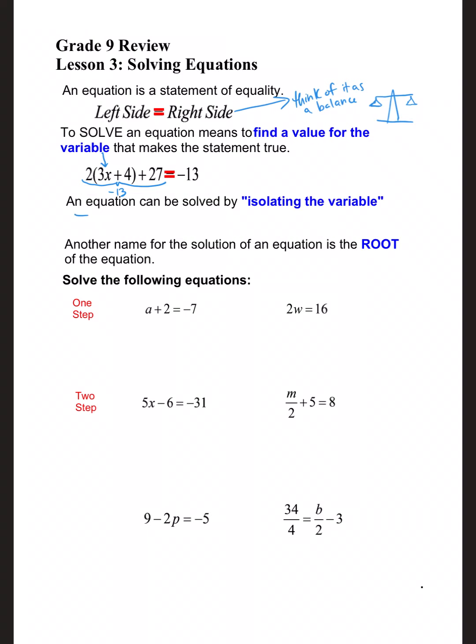So to isolate the variable, we are removing all other numbers that are on the same side as the variable, and we're going to remove them mathematically, or use algebra.